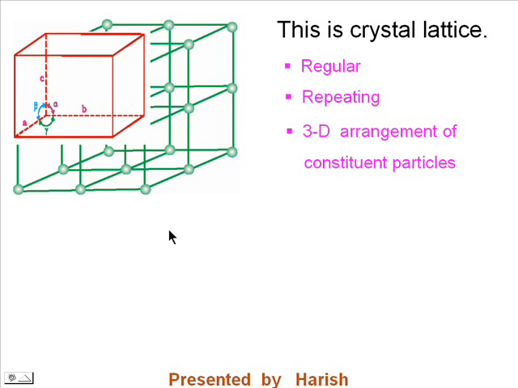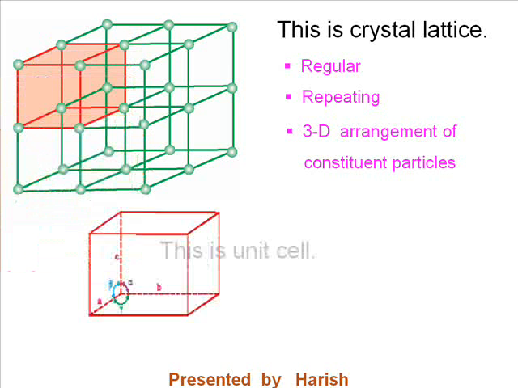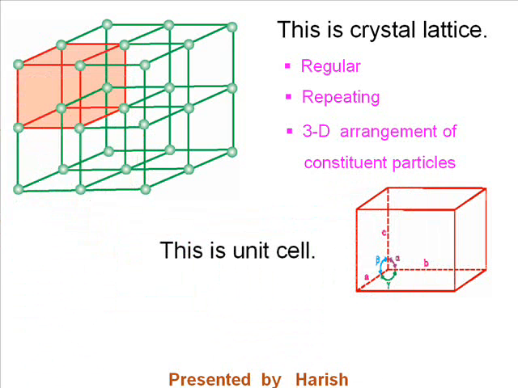Okay, so let's look at one smallest section of that particular crystal lattice, which upon repetition over the 3 dimensions will give you the lattice. So this is called a unit cell. A unit cell is what, on repeating in all the 3 dimensions, gives you a lattice.